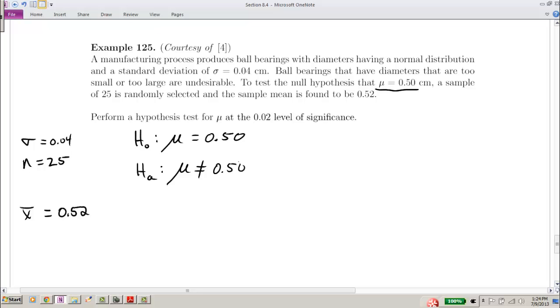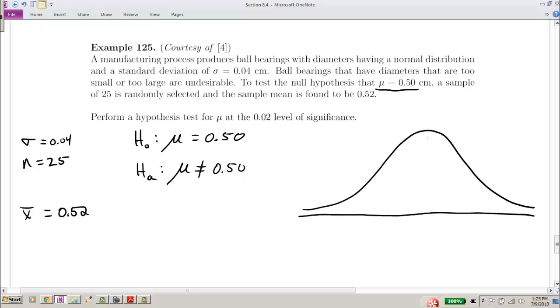We could have error in both directions, and so that means when we set about finding our critical region, we know that our critical region exists on both sides. So alpha is 0.02.